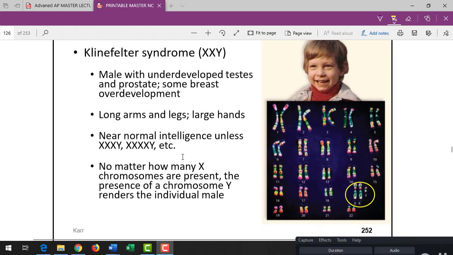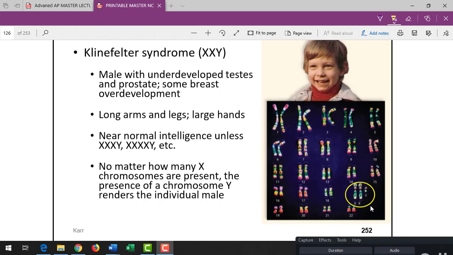Klinefelter syndrome is, what would this be an example of? How many copies do we have here? It's a trisomy, because we have 3 copies.